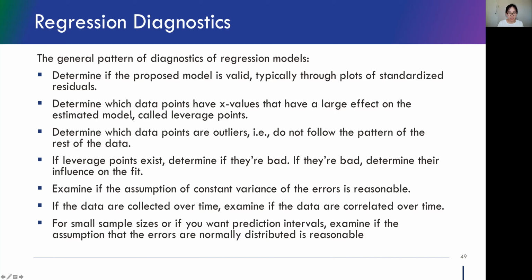Whether the model is valid or not will determine your accuracy when you do the inferences. If the assumptions are not met and you do the inferences, then they will be nonsense. So this is important to do before you really do the inference. Okay, that's it.